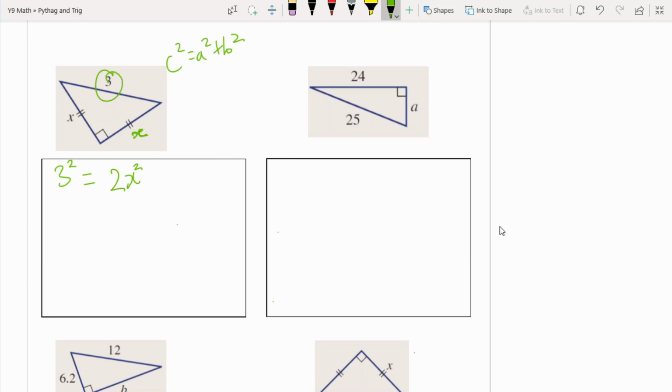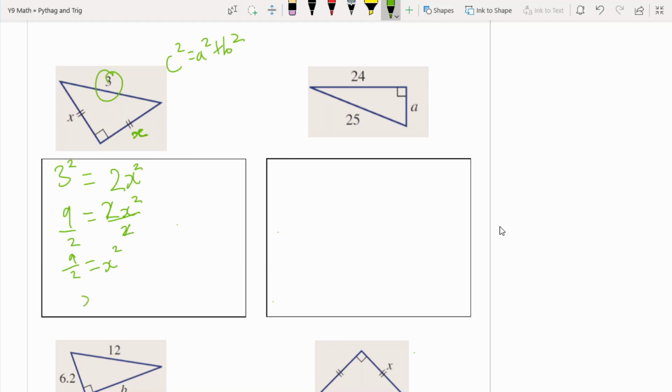So let's start working through that. 3 squared equals 9 equals 2x squared. Now to get rid of the 2 on this side and put on that side, we need to divide both sides by 2. That cancels out, that leaves us with 9 over 2 equals x squared.